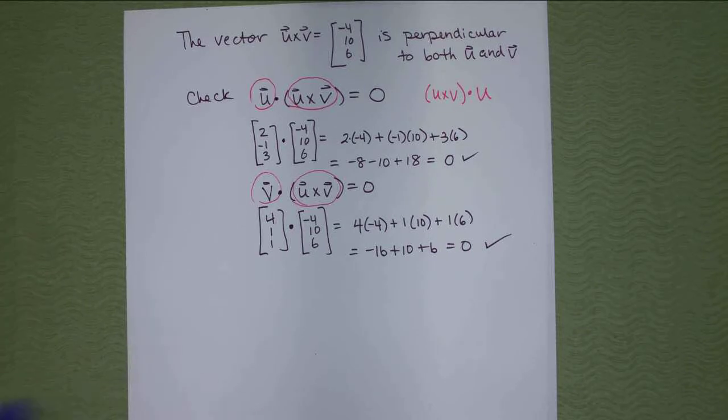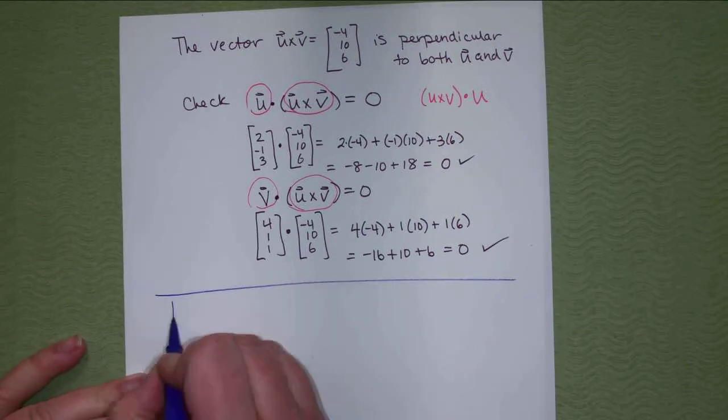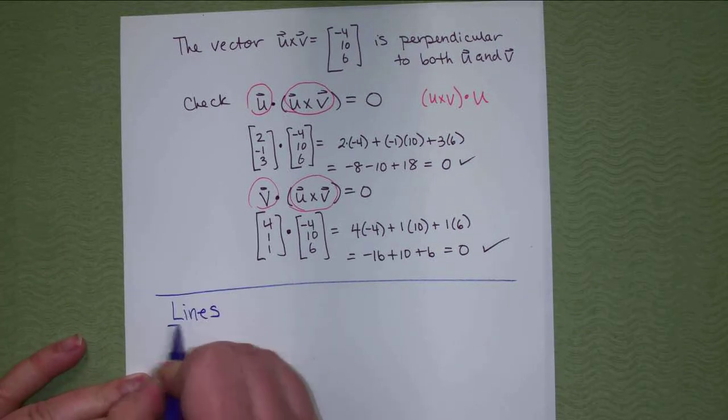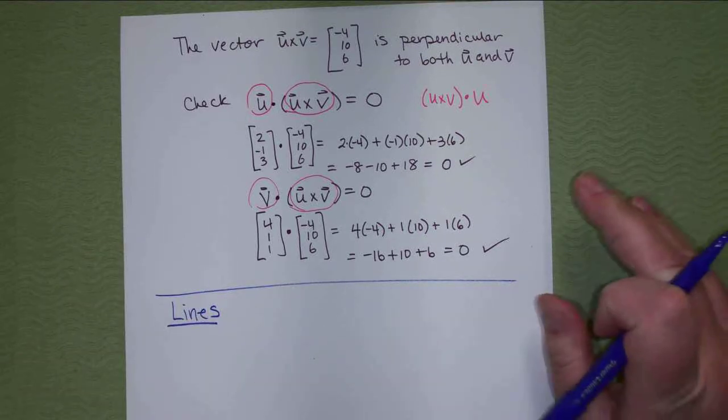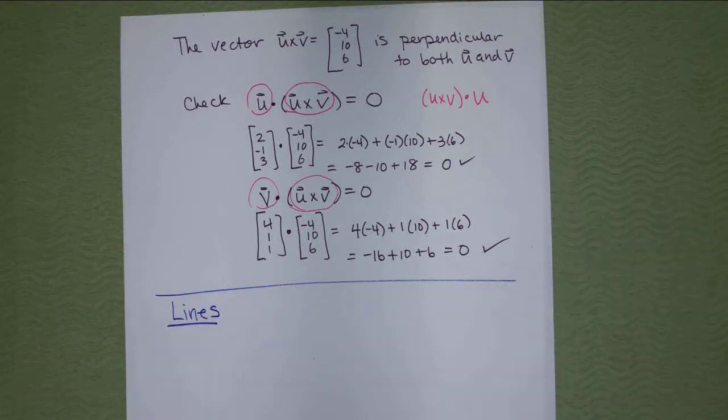We're going to jump to lines. So what's the difference between a line and a vector? A vector has a length, and a line is infinite. It goes in both directions forever. The arrows on the end of a line actually mean that it continues.